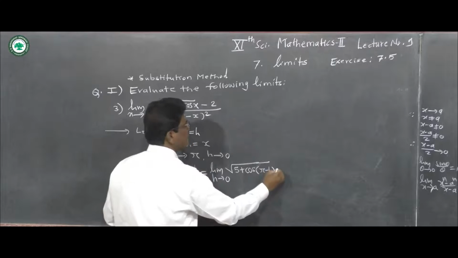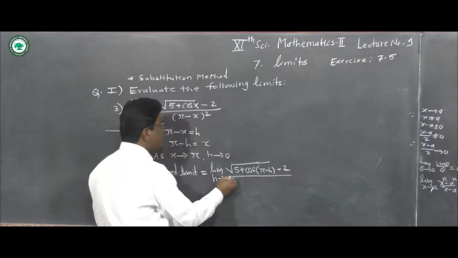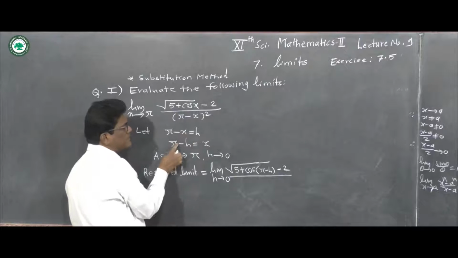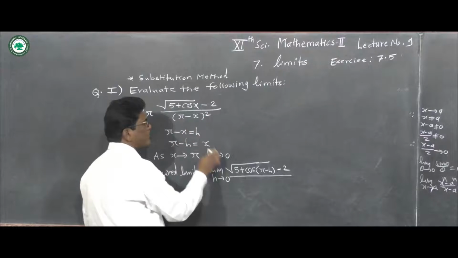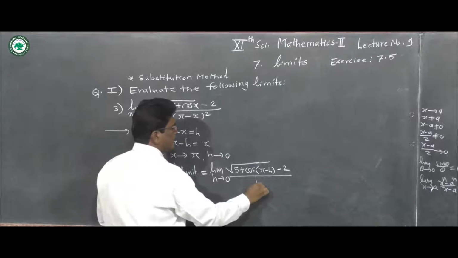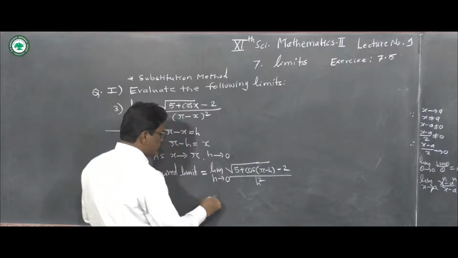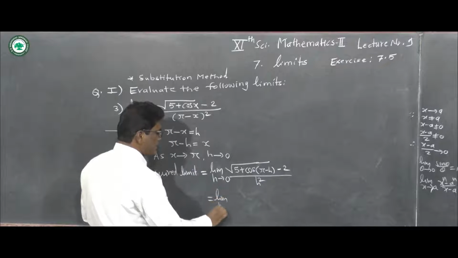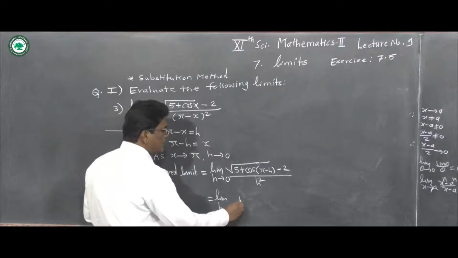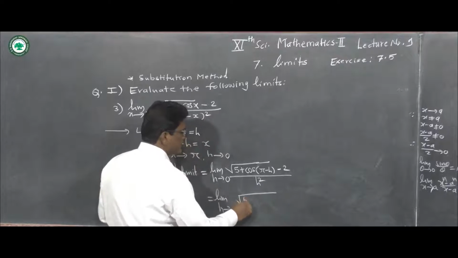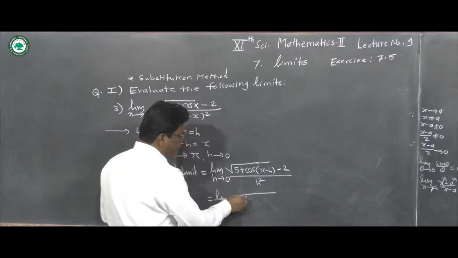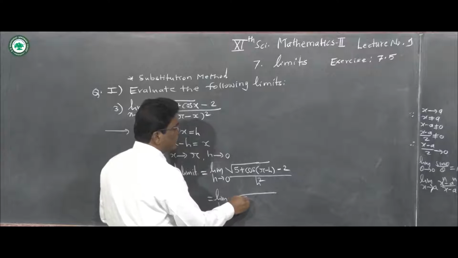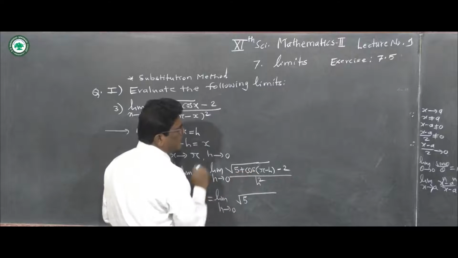Now this minus 2 and divided by this pi minus x is h, and its square, so here h square. So this is equal to limit as h tends to 0 under root of 5 plus here cos of pi minus h.